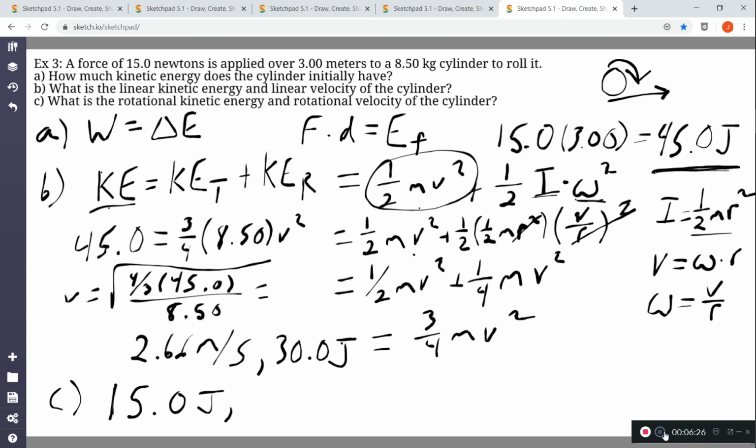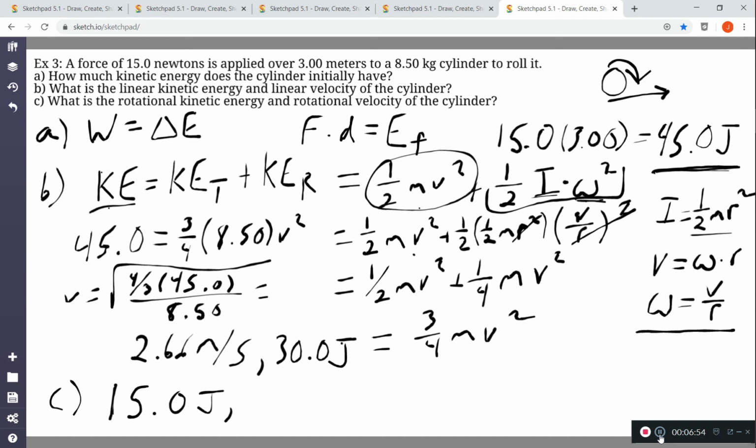So how can we figure out the rotational velocity then? Well, there's a couple different ways. We could use the fact that rotational velocity is v divided by r, but we don't know r. We could try to use the formula for rotational kinetic energy, but we run into a barrier, and that basically comes down to the following: without knowing the radius, we can't know the rotational velocity.